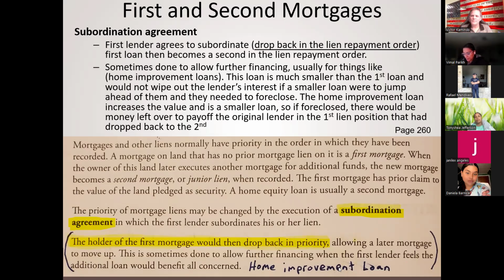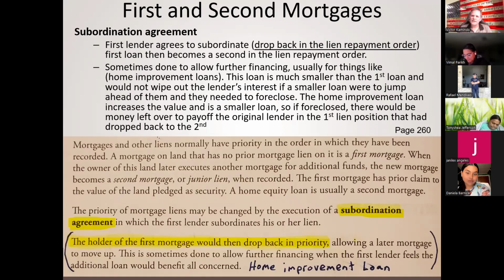It's a smaller loan than yours, so there's no threat of them completely wiping you out in the event of foreclosure. And the purpose of that loan is to improve the value of the property anyway, to make improvements to the property. So it's not much of a threat.